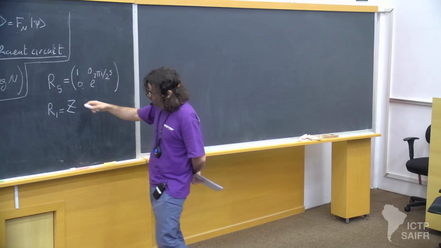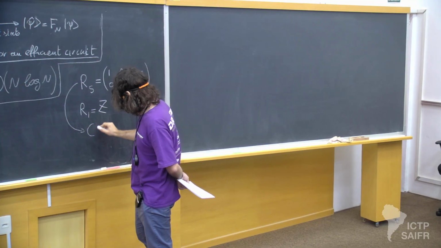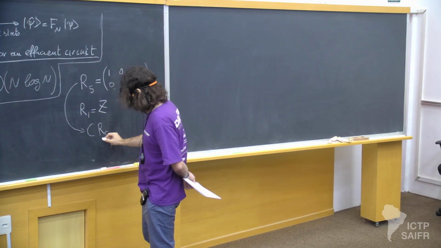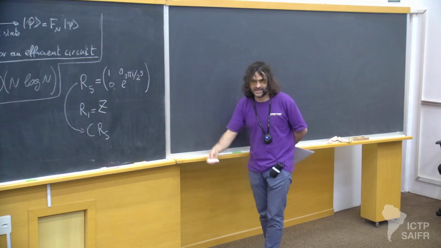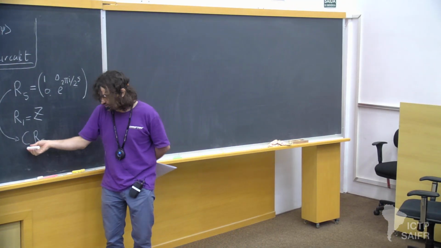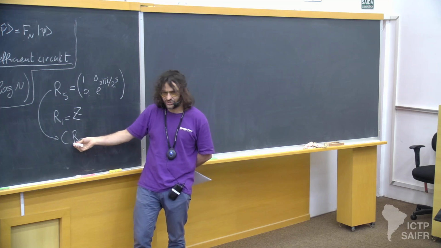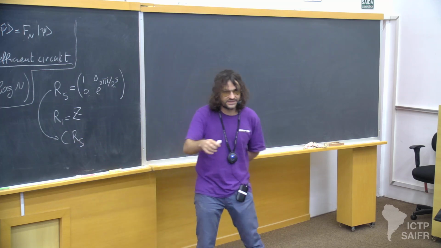And okay, we will promote as usual this guy to be CR_s. So this will become a control operation, acting on 2 qubits, in which when you do the operation it will be R_s.